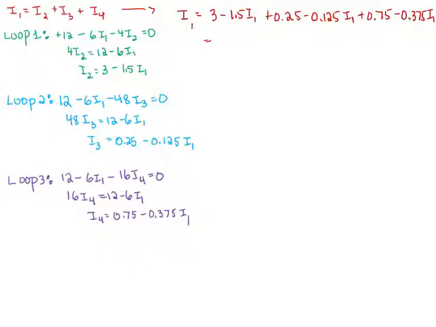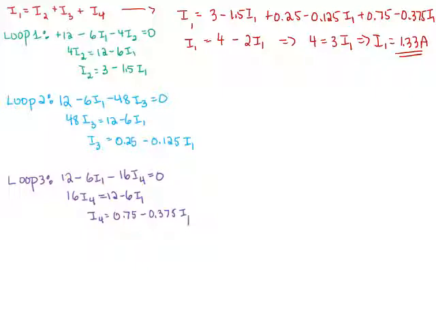So I1 is equal to 3 plus 0.25 plus 0.75, that's 4, minus 1.5 plus 0.125 plus 0.375, that's 2. So I1 is equal to 4 minus 2I1, which means that 4 is equal to 3 times I1. So I1 is 4 over 3, or 1.33 amps.